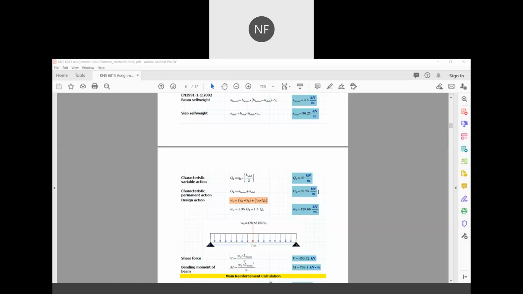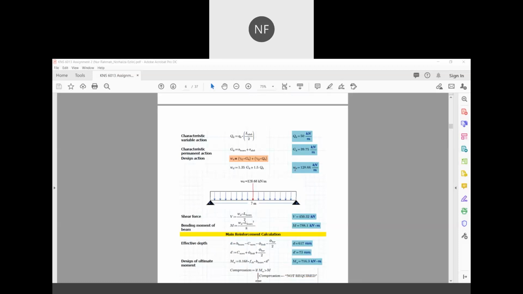and here we get Qk equal to 50 kilonewton per meter, whereas the permanent action, as said earlier, is the total of the self-weight for beam and slab, equivalent to 39.75 kilonewton per meter. So using the given load factors in the question, we obtain the design action equal to 128.66 kilonewton per meter.